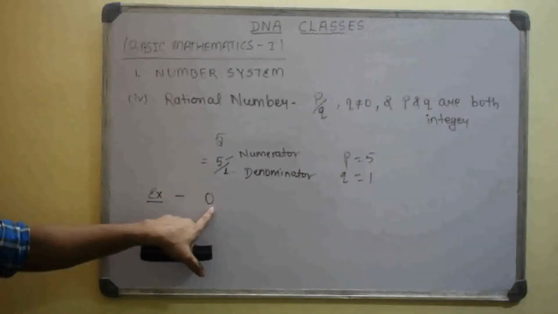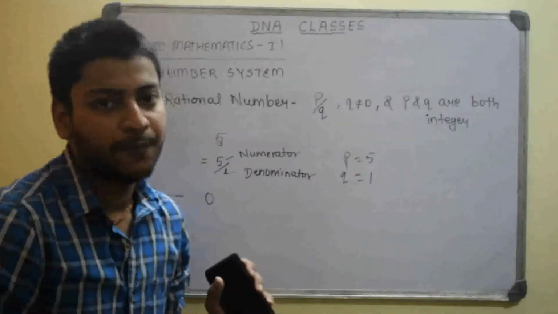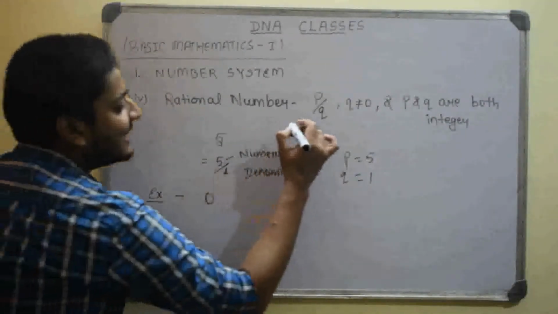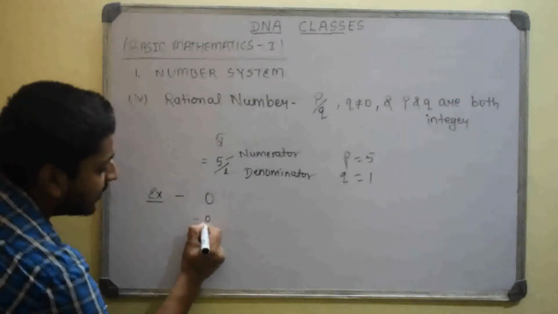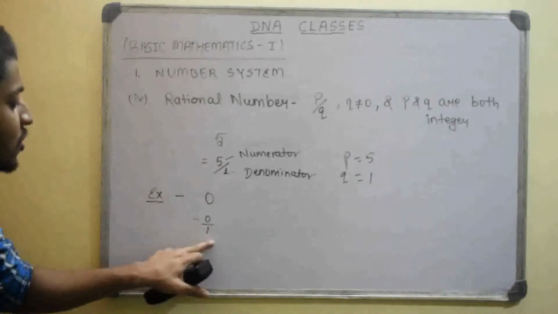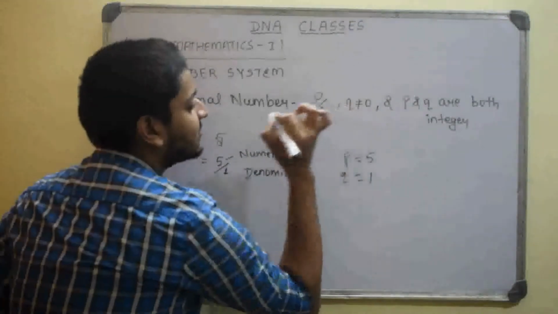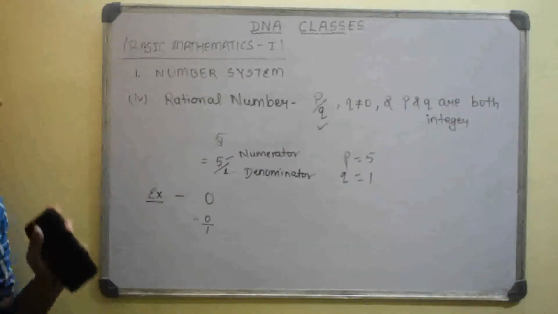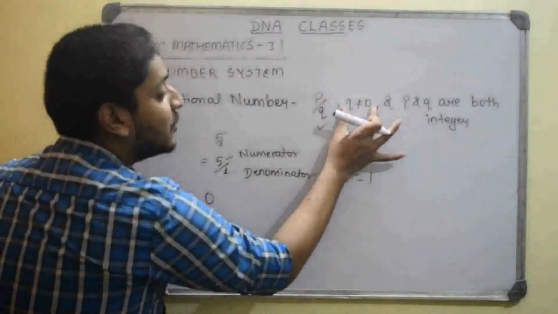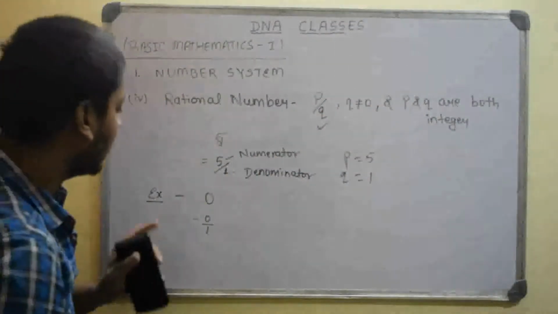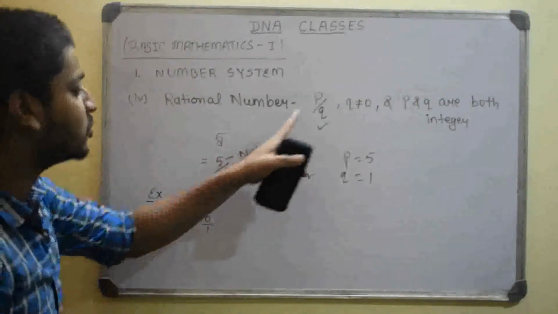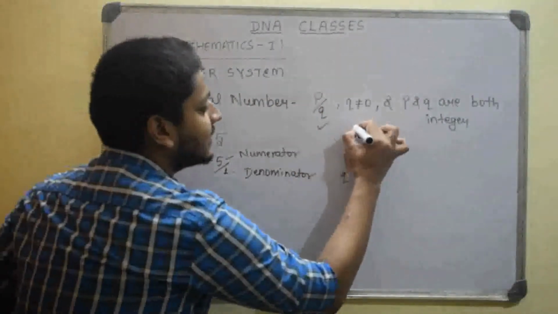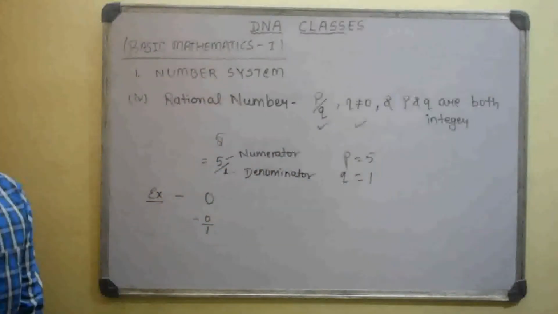If we are able to represent 0 in the form of p by q, this condition will be satisfied. So we can write 0 as 0 by 1. So the first condition is satisfied. The second condition for rational number is q should not be equal to 0. Now here q value is 1. Q should not be equal to 0, so this condition is also satisfied.